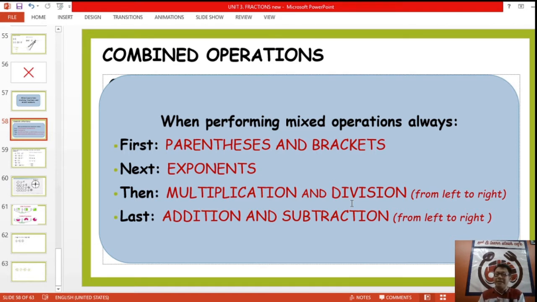That's the last mathematical operation you get to deal with. Again, from left to right. If subtraction comes first, then you deal with subtraction. So that's actually how it works, and this also applies to fractions, not only whole numbers. That's why I'm putting it back in this lesson so that you can recall.